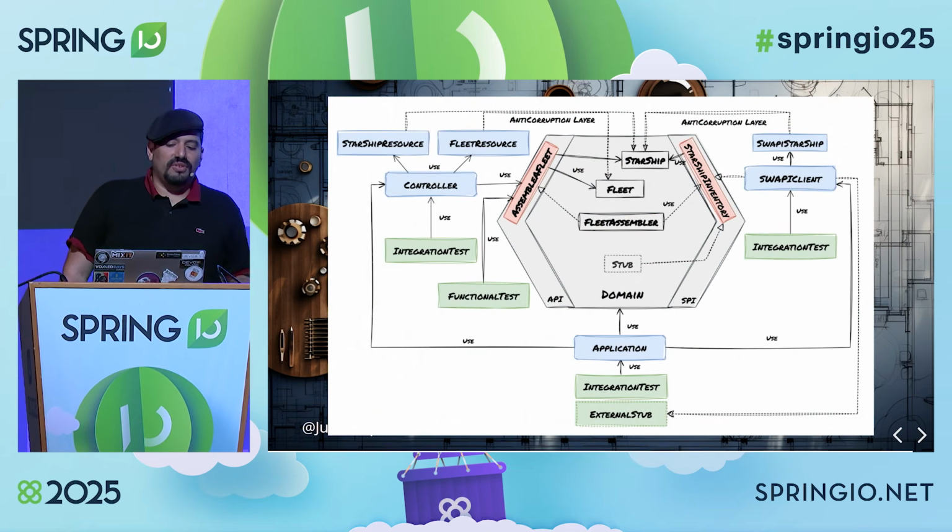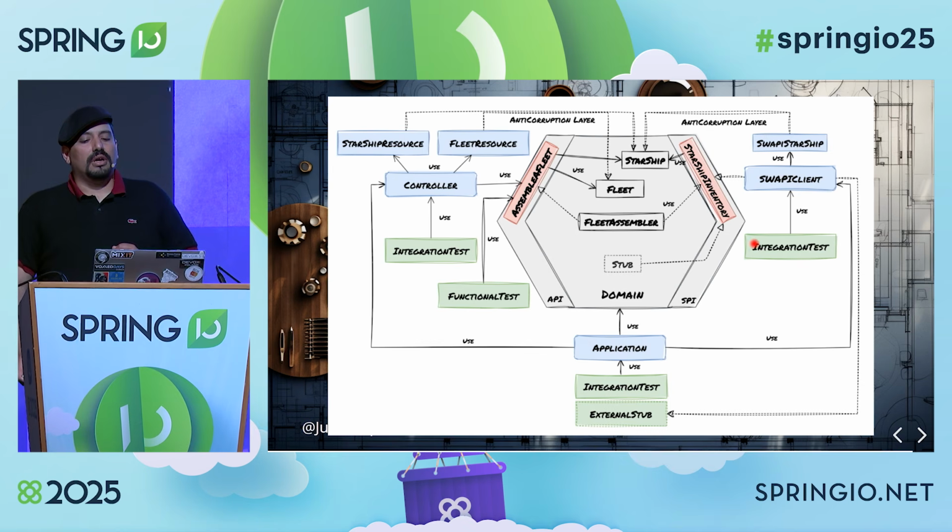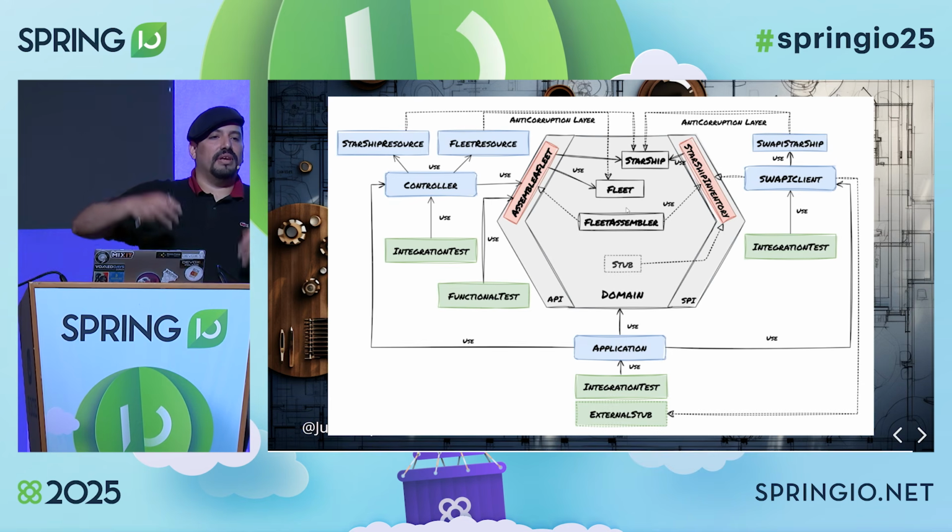Something I didn't show you is that I also have some tests at the application level that test everything together. But this is a simple Spring Boot test that simply does some REST requests on the controller. And here I have a mock server as well, just to see that everything fits together.